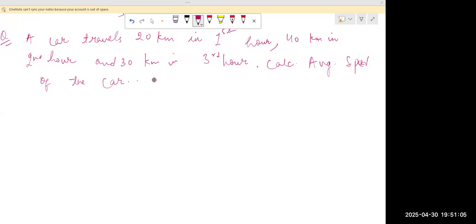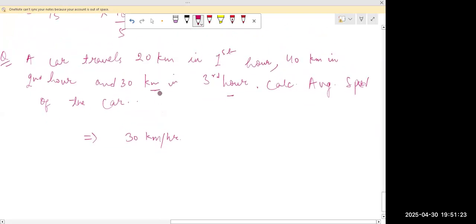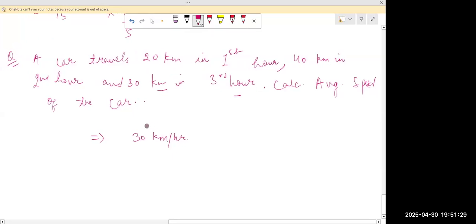Because it has been given in kilometer per hour. But I also converted it to meter per second. No need to do that. If it is given in kilometer per hour, then I can leave my answer here only. All right.